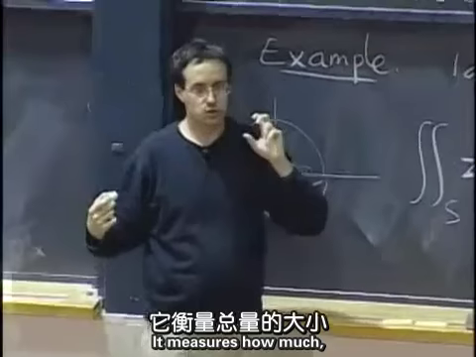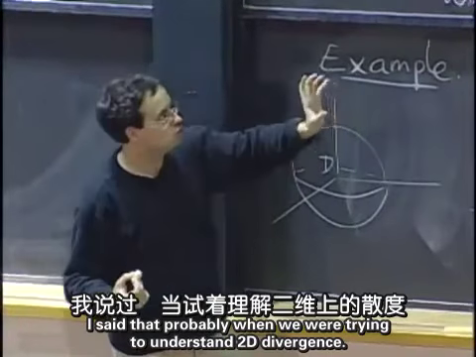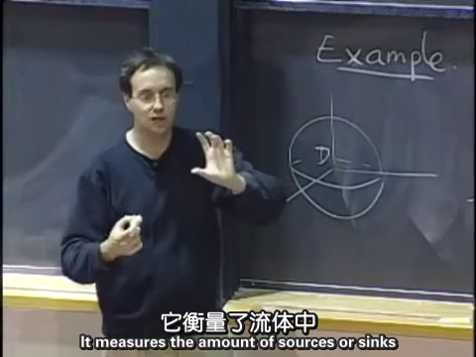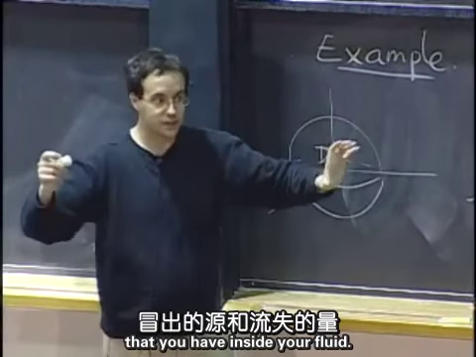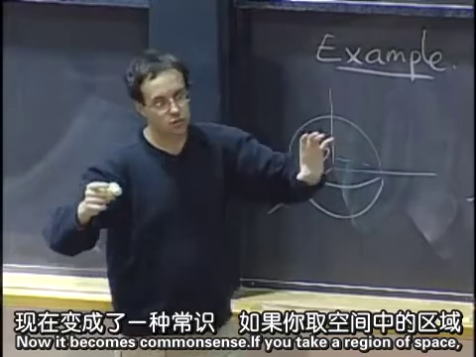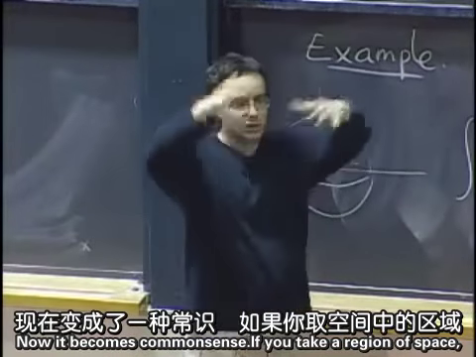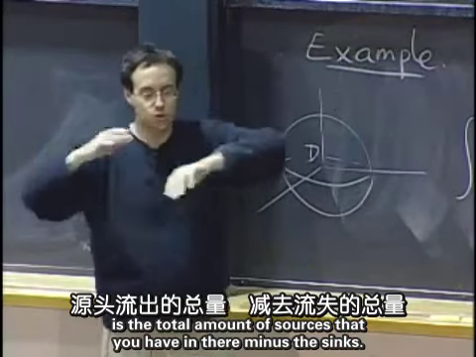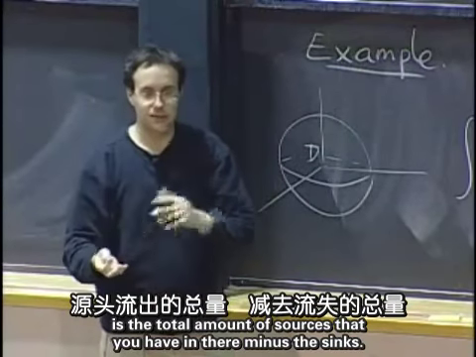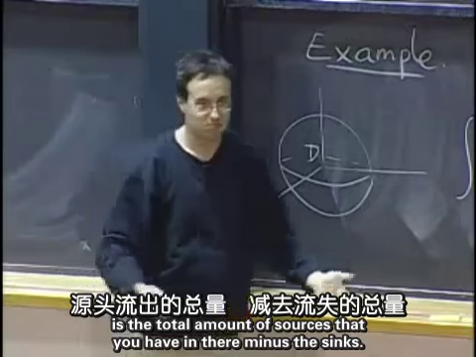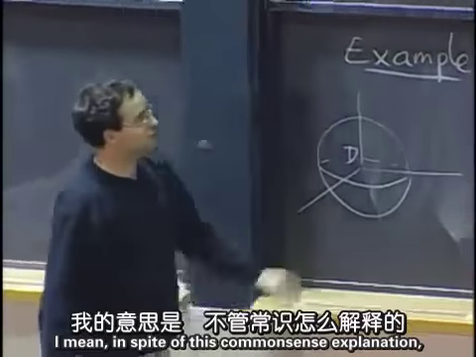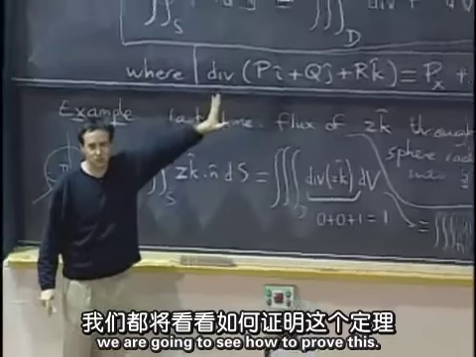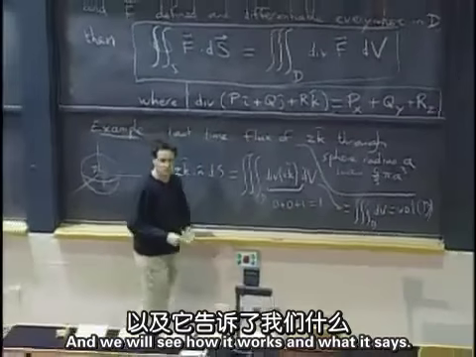As I said when we understood 2D divergence, it measures the amount of sources or sinks that you have inside your fluid. So now it becomes common sense. If you take a region of space, the total amount of water that flows out of it is the total amount of sources that you have in there minus the sinks. In spite of this common sense explanation, we're going to see actually how to prove this, and we'll see how it works and what it says.